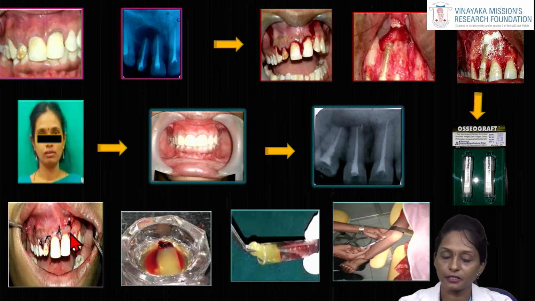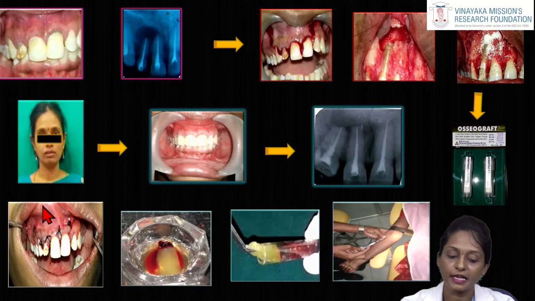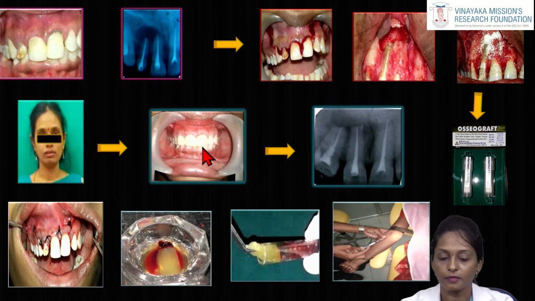We gave simple interrupted sutures. The patient was very happy that all her chief complaints were sorted out. Immediately after that the root canal treatment was also done side by side, and then we gave her a prosthetic replacement, an FPD, for those three teeth alone, that is 1 1, 1 2 and 2 1.